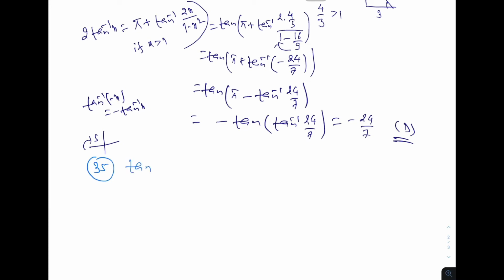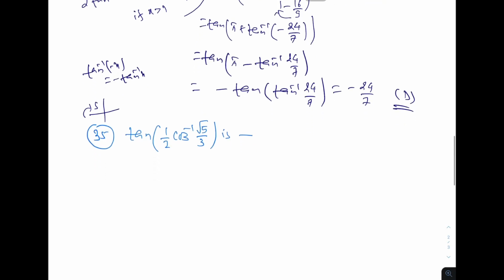Tan of 1 by 2 cosine inverse root 5 by 3 is blank.